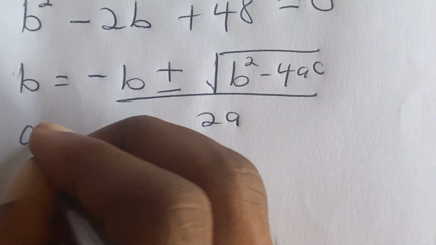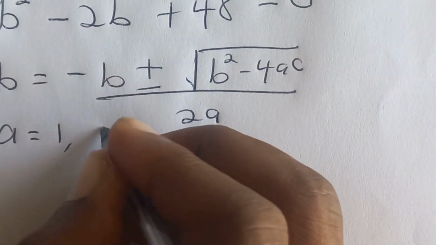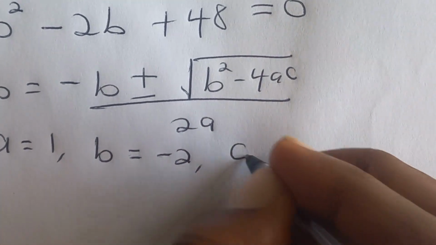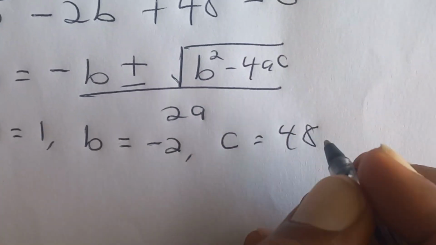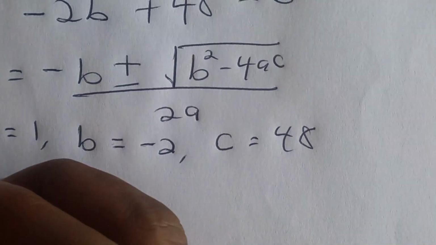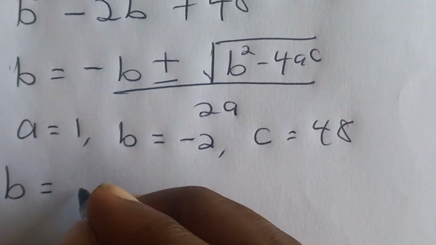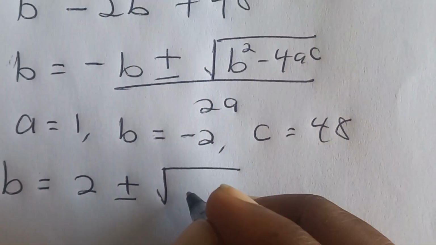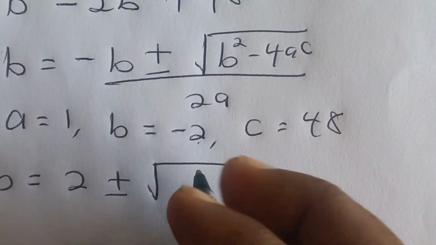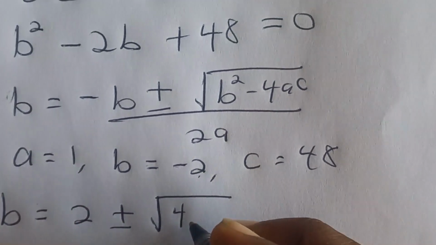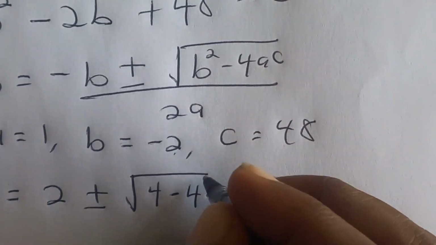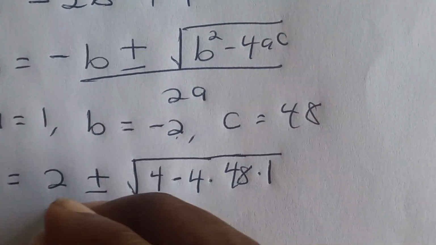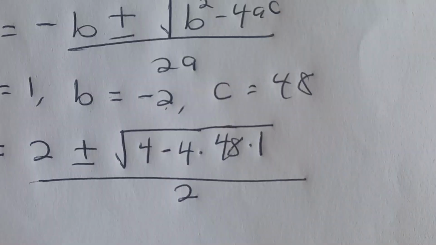Now, our a is 1, our b is equal to negative 2, our c is 48. So our b is equal to 2 plus or minus square root of 2 squared, which is 4, minus 4 multiplying by 48, all over 2.